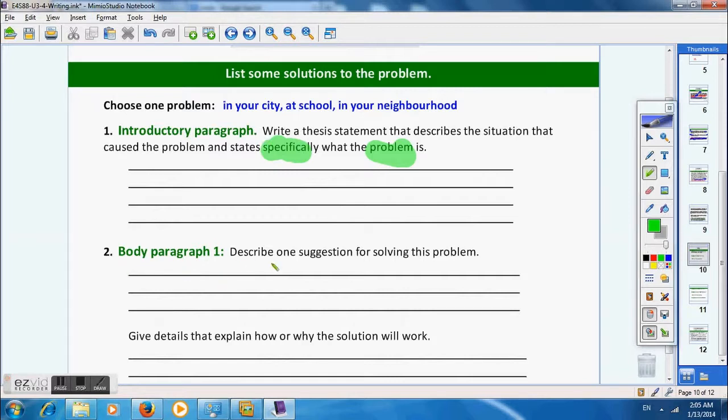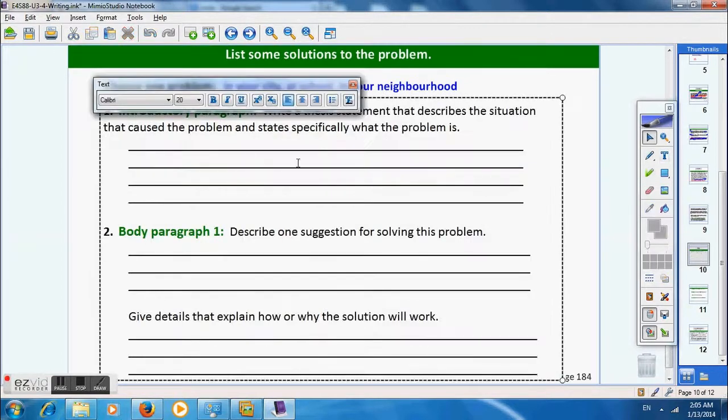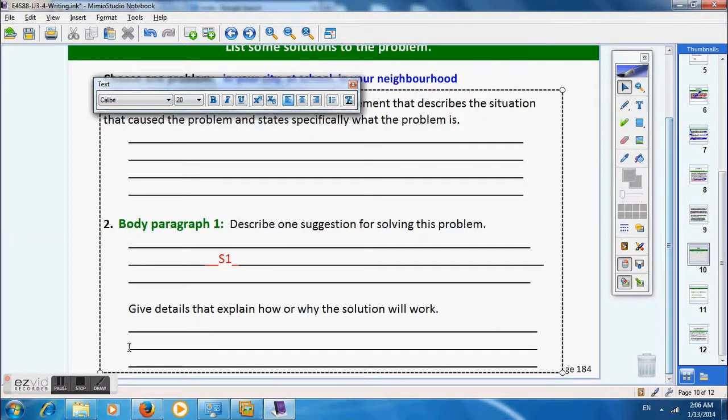And then in body paragraph 1, describe one suggestion for solving the problem. So this is your S1. Here, please give details that explain how or why the solution will work.